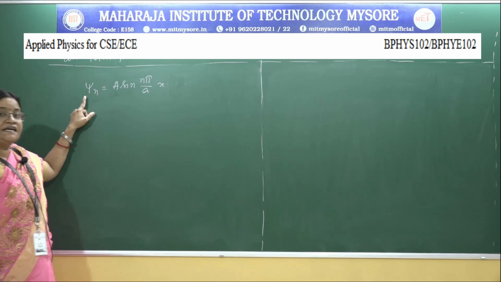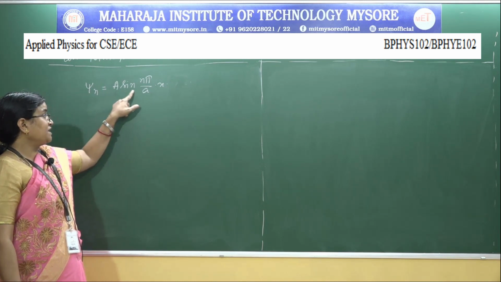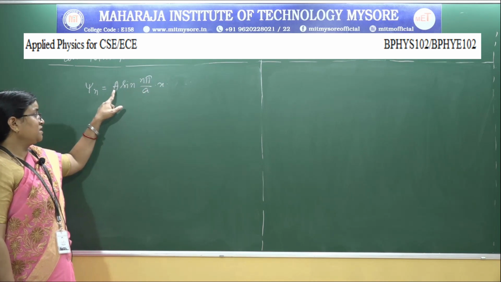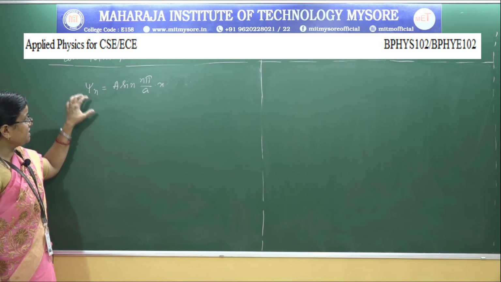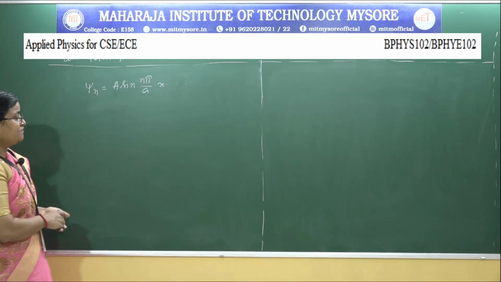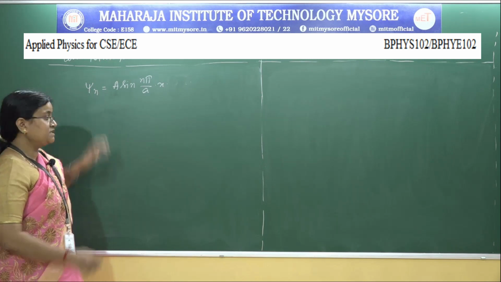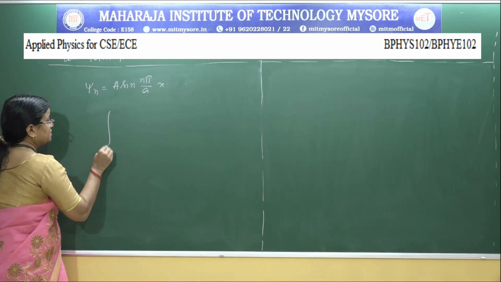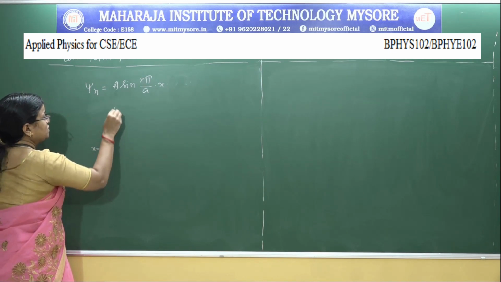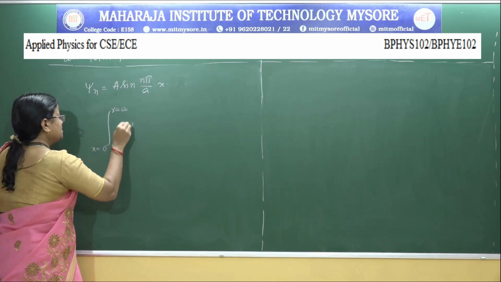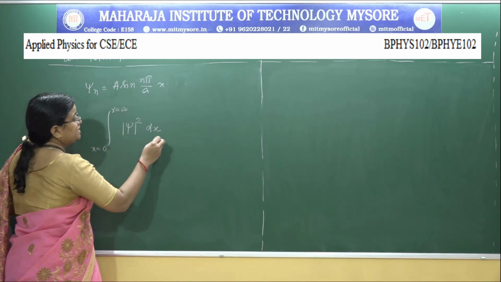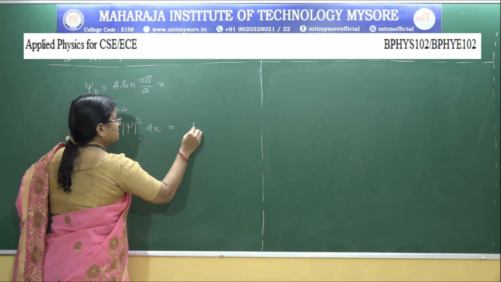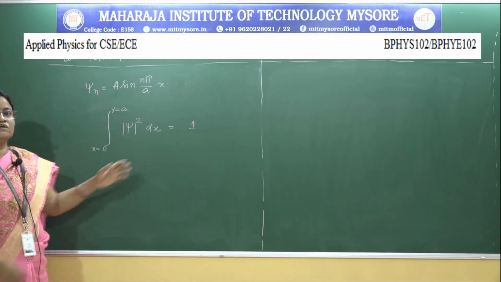So in the function psi n, that is equal to a sin n pi by a into x, if we have to find out the a, which is the amplitude of the wave function, we have to consider the situation where the particle exists inside the potential well, then within the boundary x is equal to 0 to x is equal to a, the normalization of the wave function psi square will give you the value equal to 1.